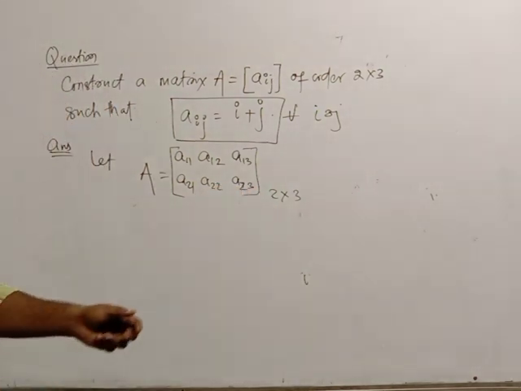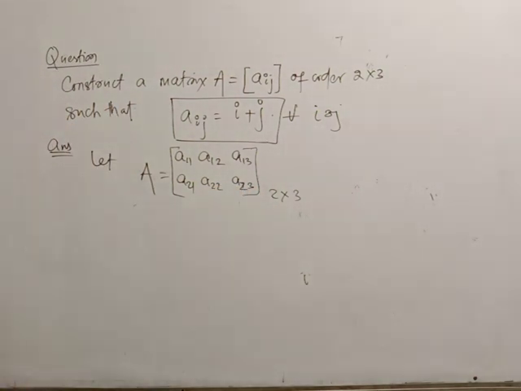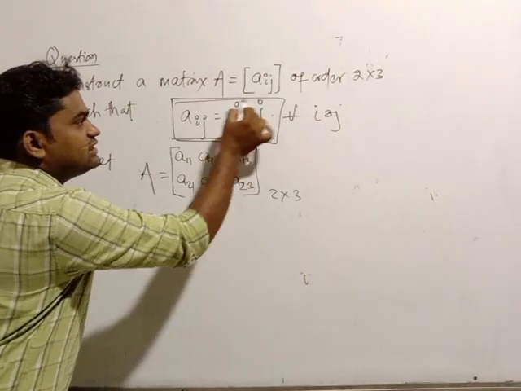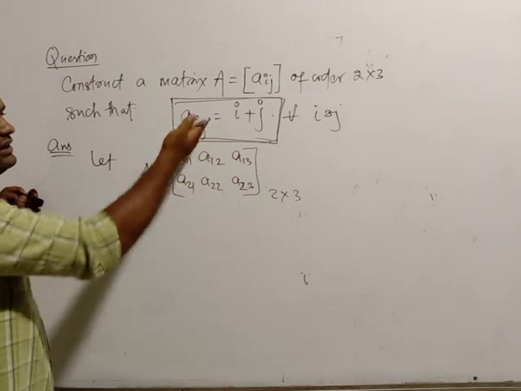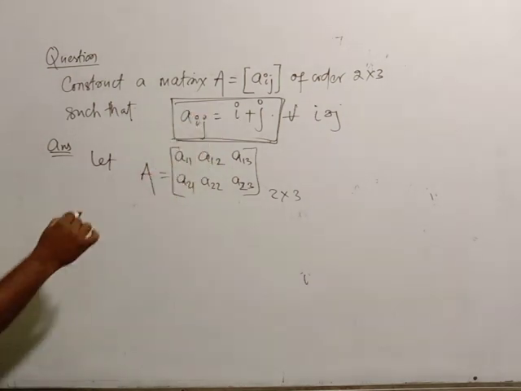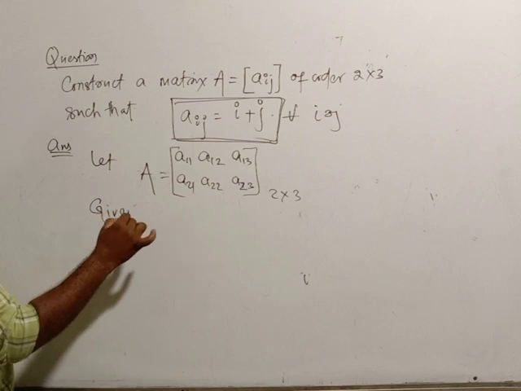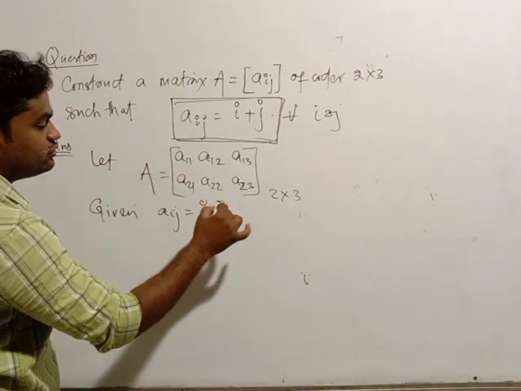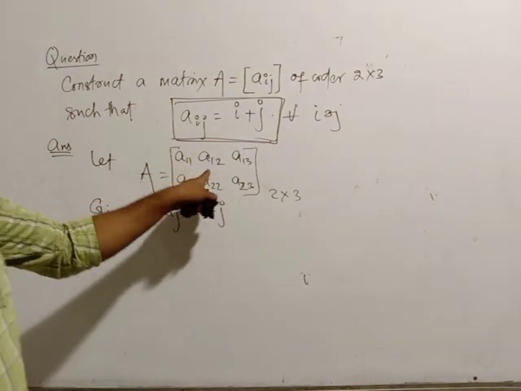So look at here, this is a general order 2 by 3 matrix having 6 elements. For the elements of this general matrix, here we are given a formula: aij equal to i plus j, and we have to find all these 6 elements of the matrix A.